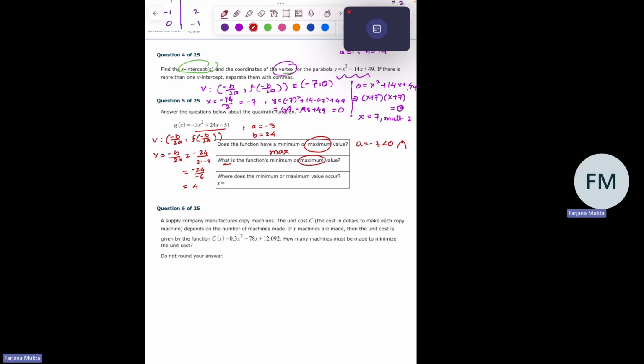And then if you substitute 4 in the function for the y coordinate, we'll find the vertex is (4, -3). So that means what is our maximum value? y equals -3. Where does the max or minimum occur? What does it mean? It means at the x coordinate of your vertex. x equals 4. At x equals 4, the max occurs.